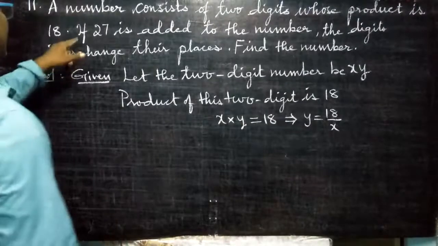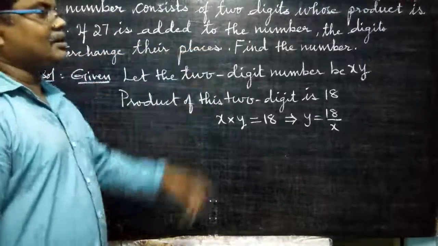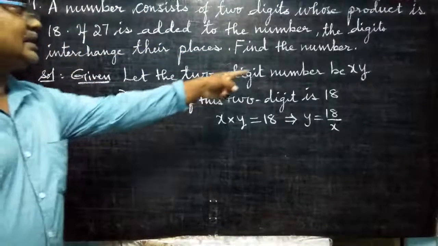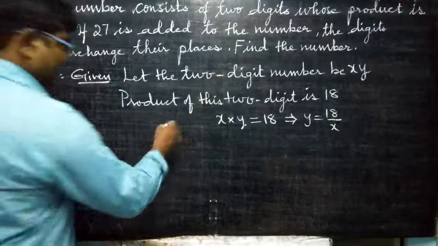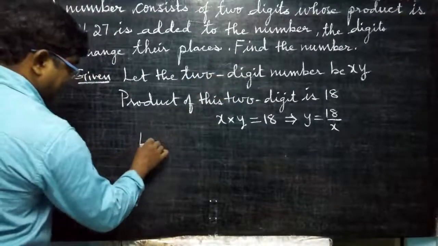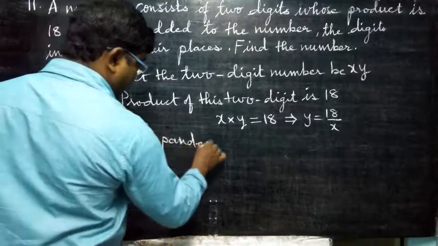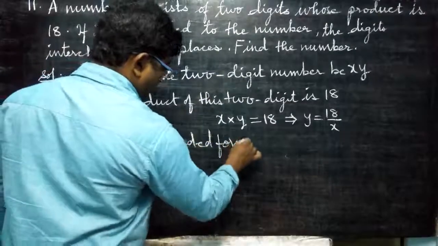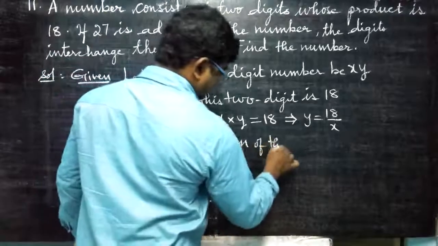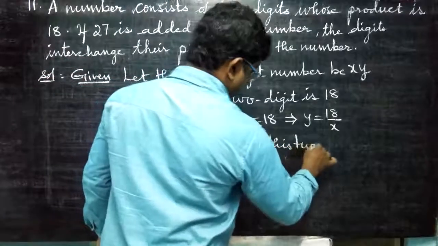Next, if 27 is added to the number, to which number? To this number. Now write the expanded form of this two-digit number.